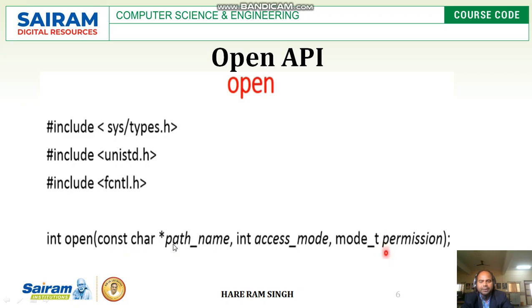const char *pathname. The pathname is nothing but the address of a file which needs to be opened. So the pathname holds the address of the file which needs to be opened. Next, int access mode.